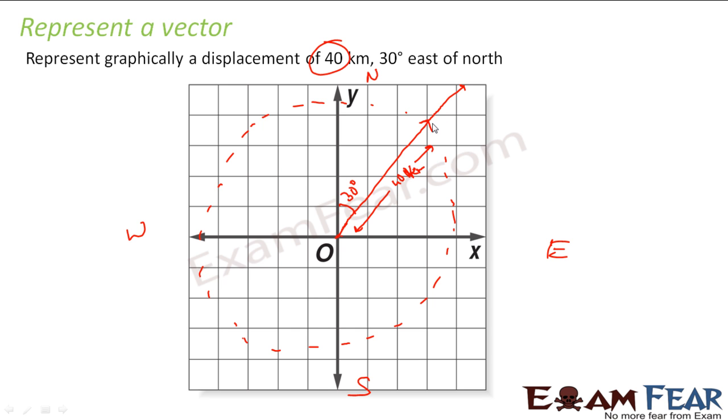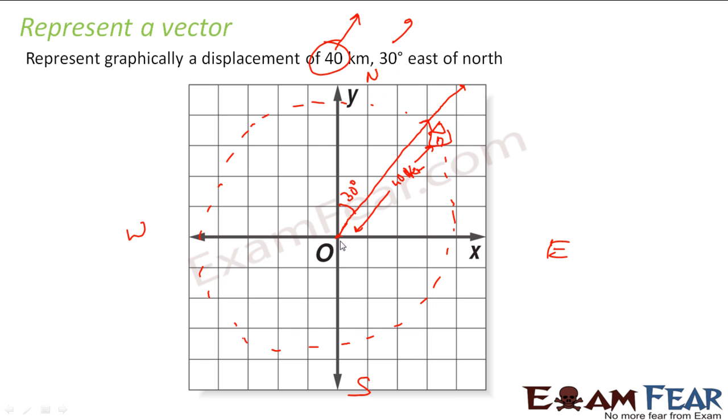Thus, to specify your house from this point, neither direction alone nor magnitude alone was sufficient. You needed both magnitude and direction. Correct?